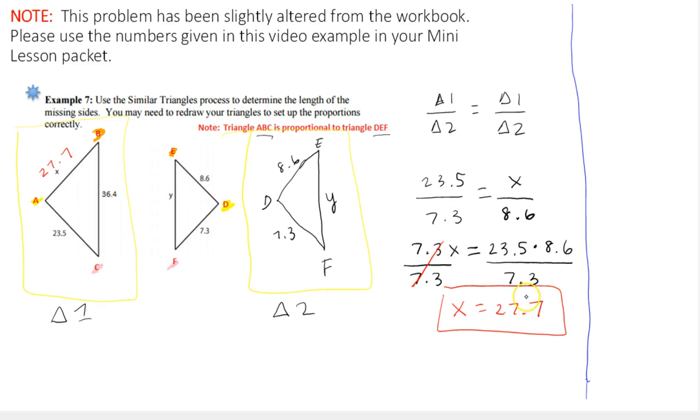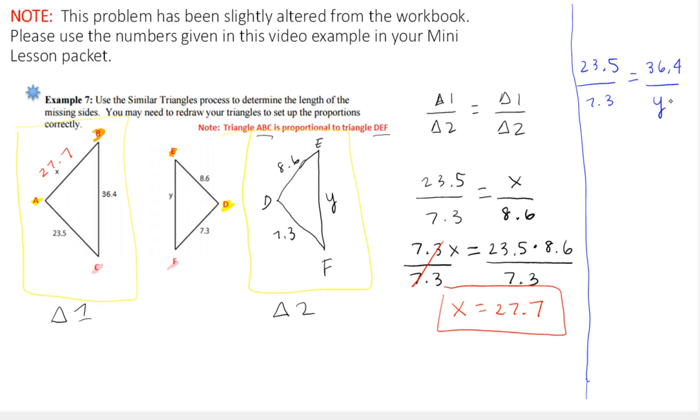Now that we have 27.7, we could use that if we want to, but I'm just going to use these numbers we already have. So 23.5 is to 7.3 as, so 23.5 was over here. We want to find y, which corresponds to this. So I'm going to use 36.4 is to y.